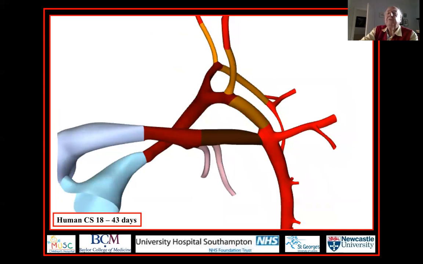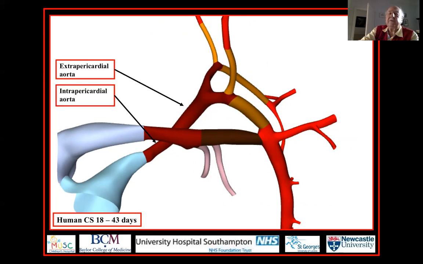So now we move on to the beginning of the 7th week of development, 43 days, 6 weeks have passed now. We see again the intrapericardial, the extrapericardial components of the ascending aorta. And now there is development of that right horn of the aortic sac, such that it is a common channel.